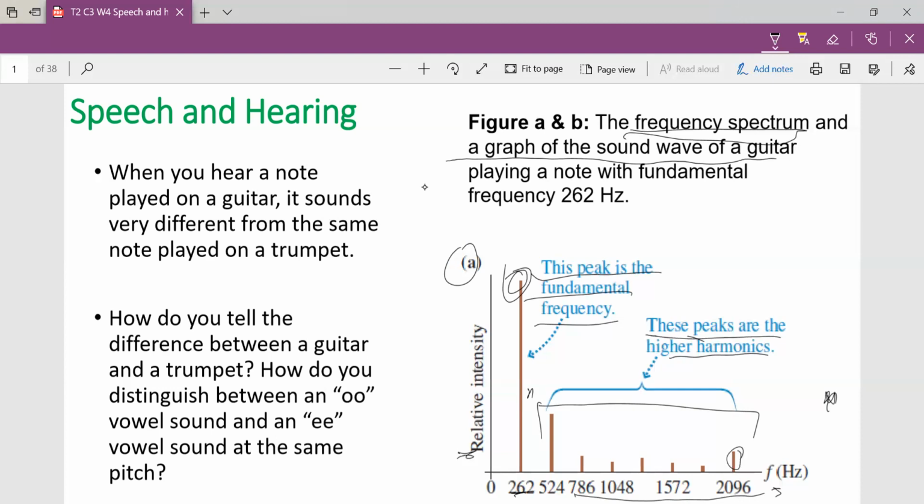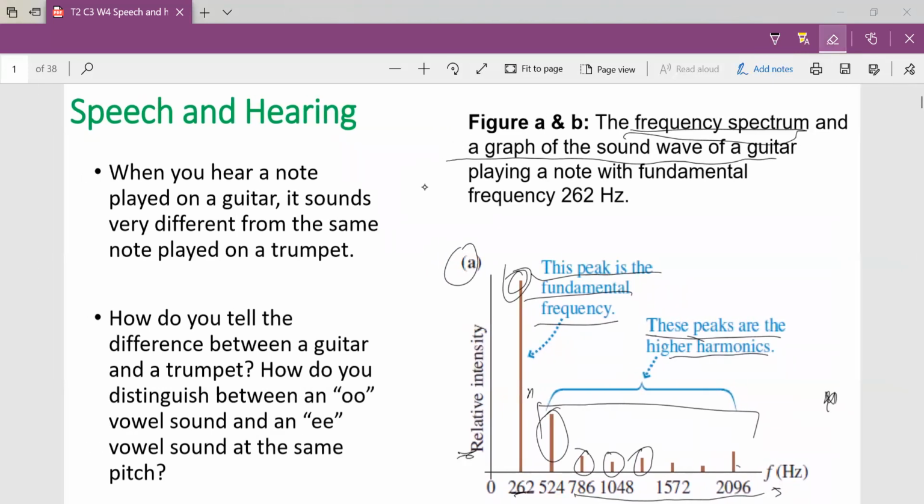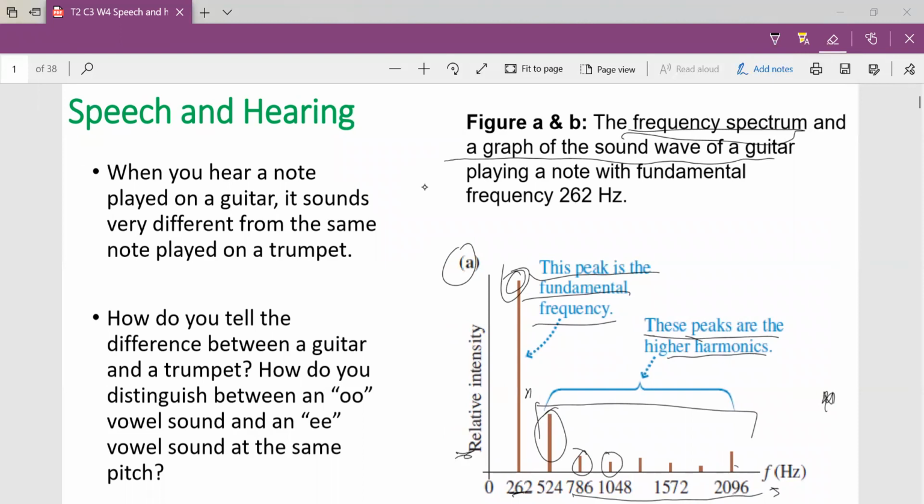These bars are a description of the spectrum for the different frequencies in that mixture of sound that was produced. That is what we call the spectrum of the note played. The several bars represent the spectrum of those notes.